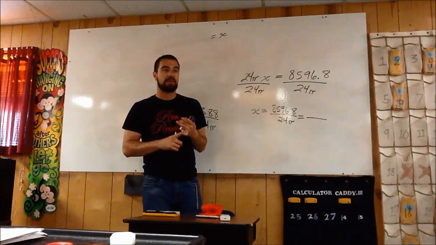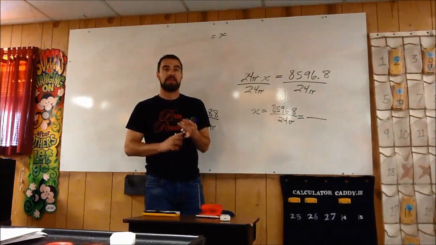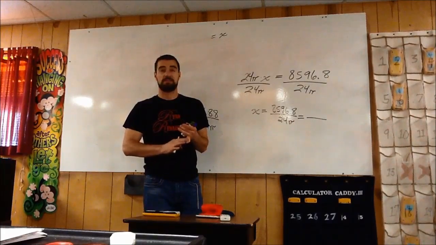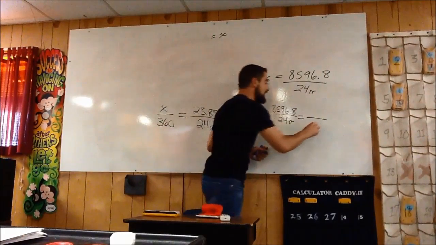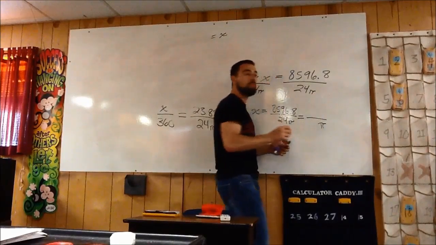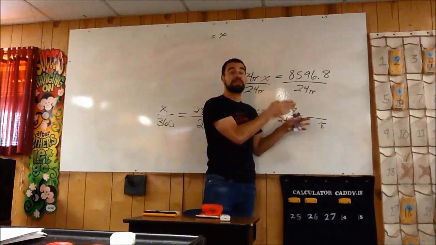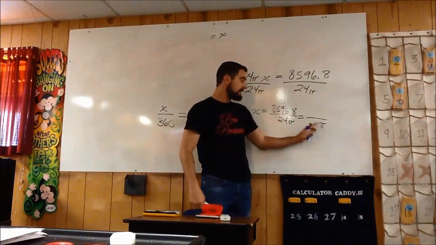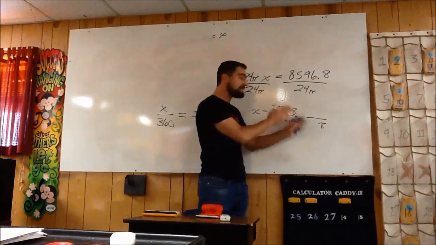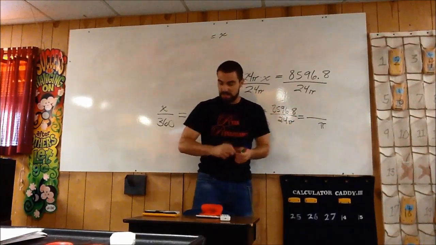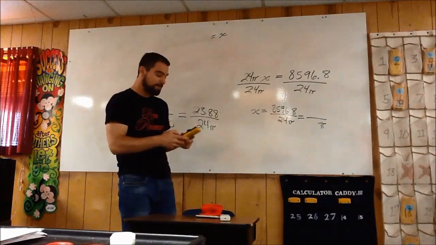Where is pi right now? What is the bottom called? There we go. It's in the denominator, so we know that our simplified exact answer, pi is still going to be in the denominator. So I write that first, then let's pick up our handy-dandy calculator.